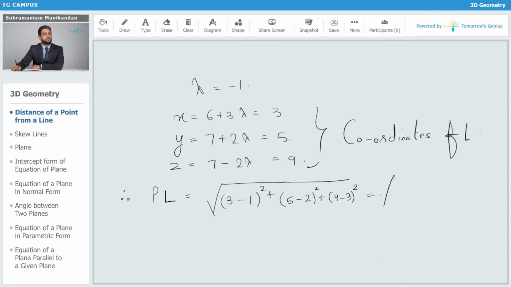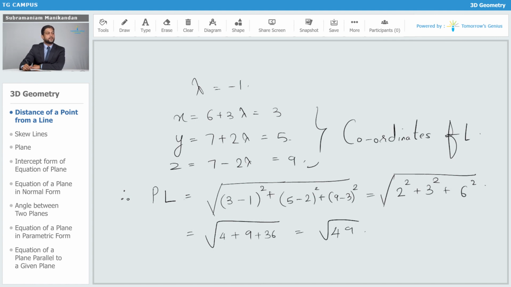So that's equal to the square root of 2 square plus 3 square plus 6 square, which is the square root of 4 plus 9 plus 36, so that's the square root of 49. And therefore PL, the shortest distance between the point P and the given line, is 7 units. And that's the answer.